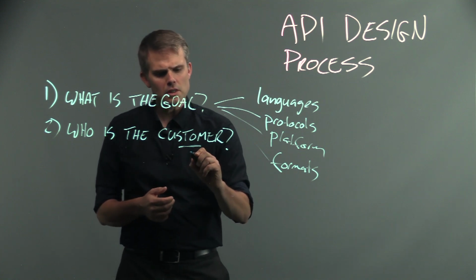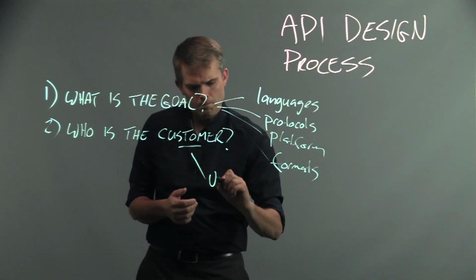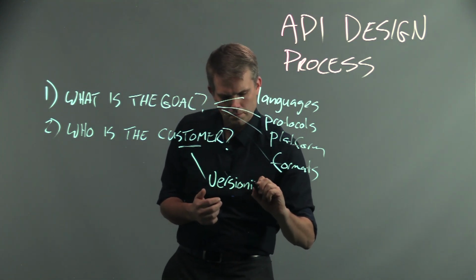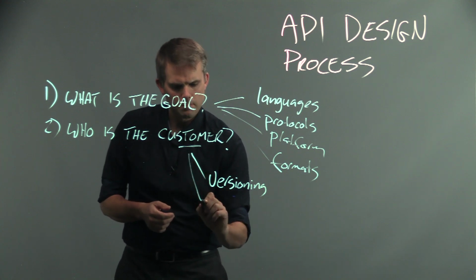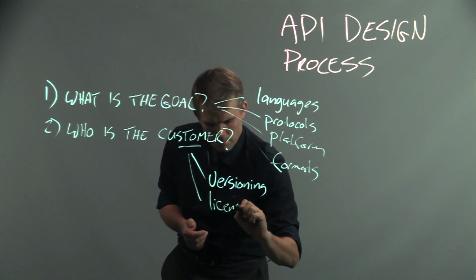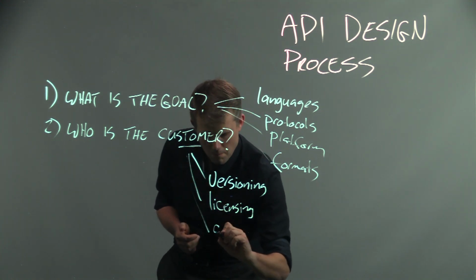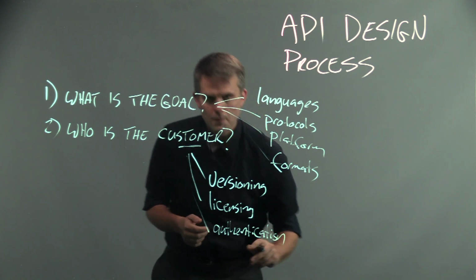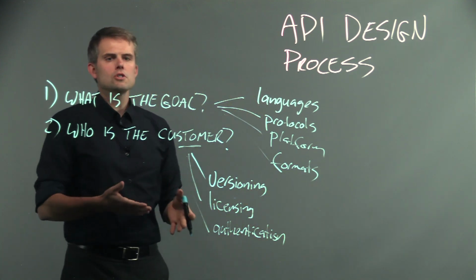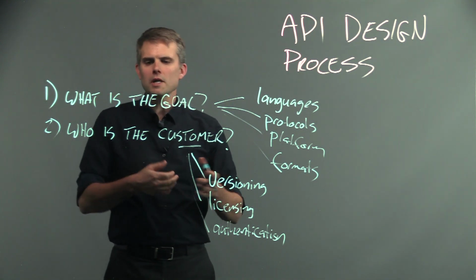Right? So this leads us to think more about versioning and about licensing and authentication. These are all really important concerns when we're designing our APIs, and we want to keep them in mind.